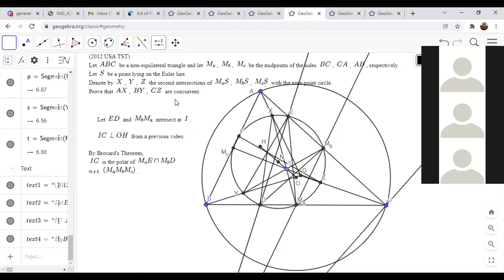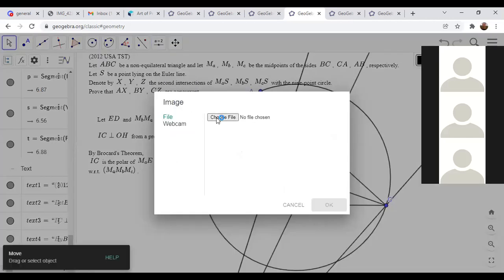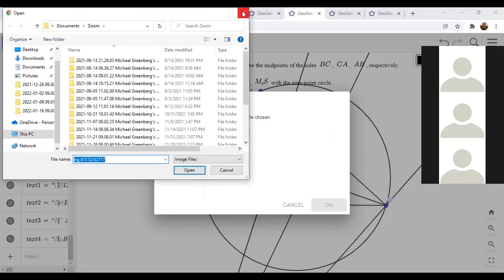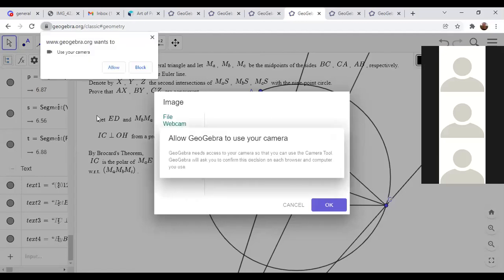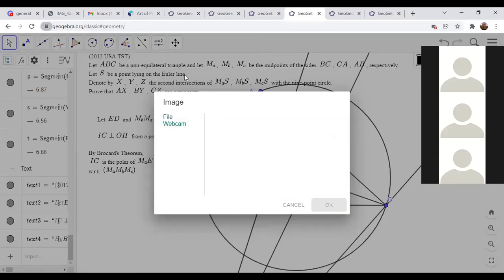Image, here we go. Oh, but I have to save it. Oops. Let me download it. From webcam. Oh, I don't want to use my webcam. Maybe I'll do it sometime later.